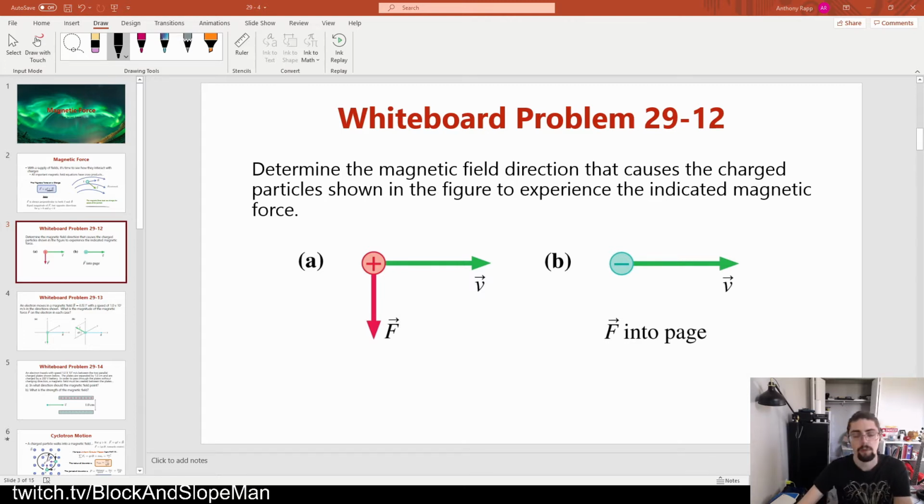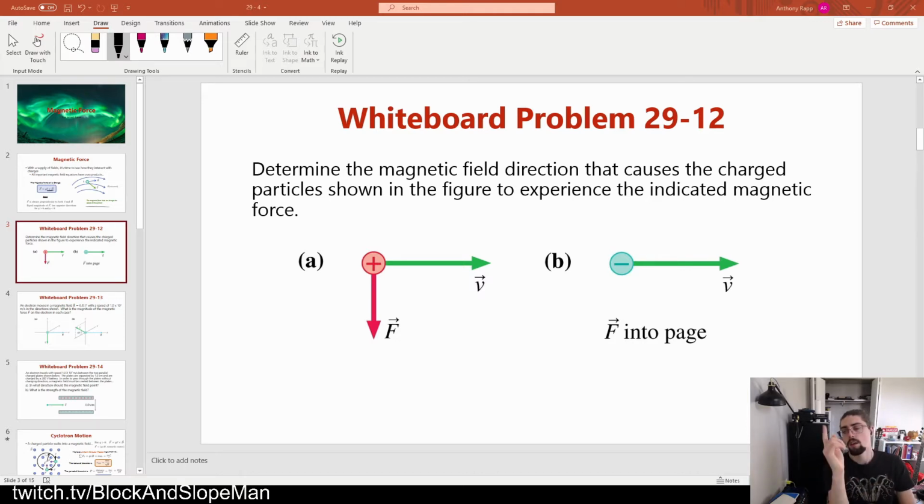I'm going to use the right-hand rule for each of these. But it's a little bit strange because we have the result and one of the inputs, but not the second input. We're going for the second input. For each of these, I'm going to need to do some sort of strange contortionist act to make my hand go in the right direction. But go ahead and try to follow along. I'm going to start with part A here.